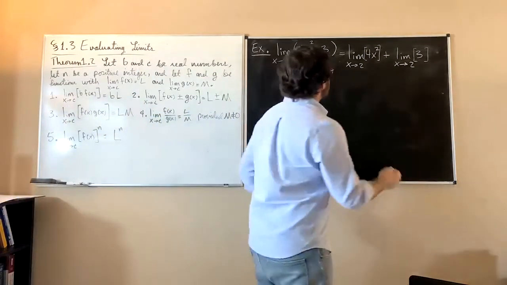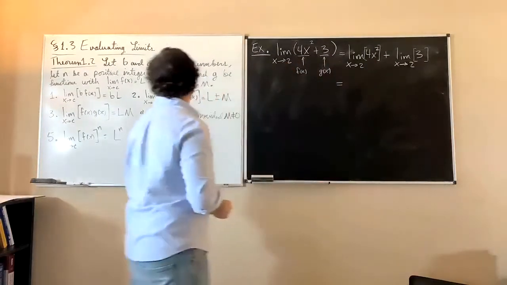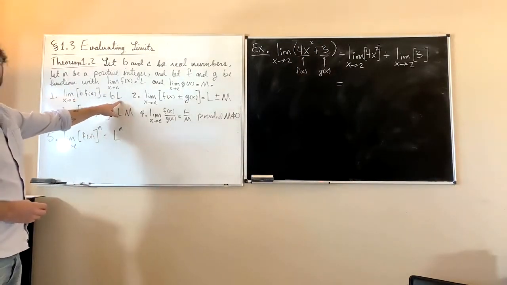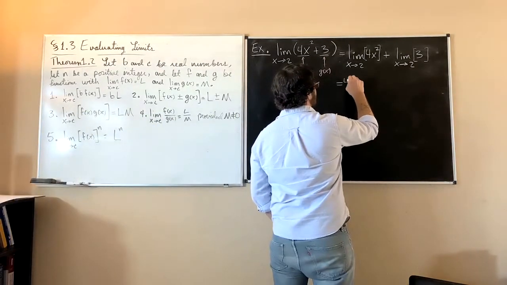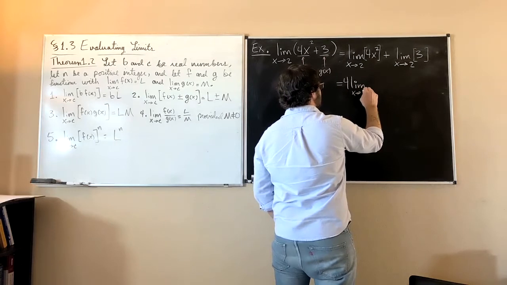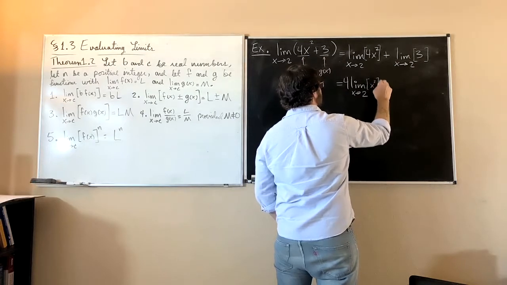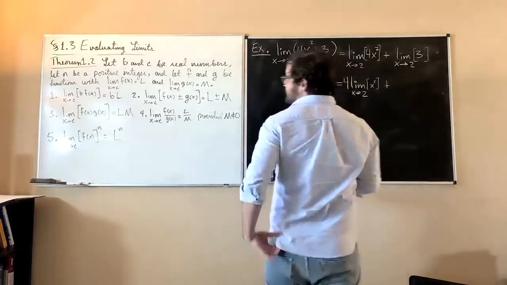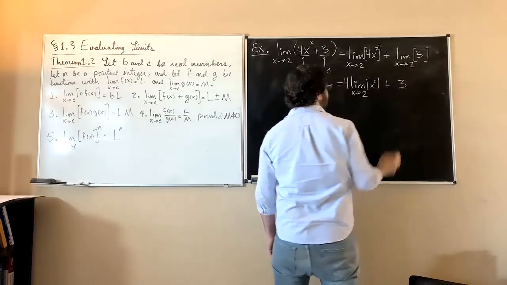Then here we have a constant times a function. The constant times a function is equal to the constant times the limit of the function. So this is like saying 4 times the limit as x approaches 2 of the function x squared, plus the limit of a constant is just a constant by Theorem 1.1 part 1, so that's just going to be 3.